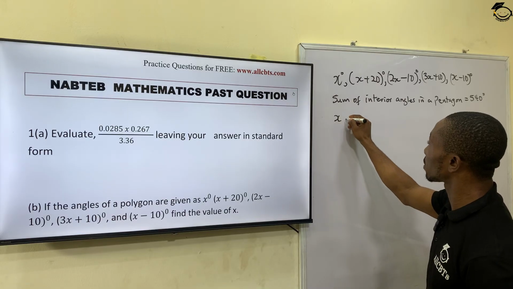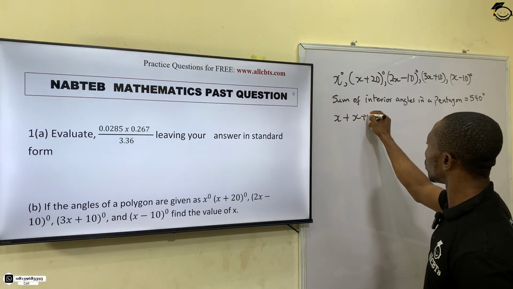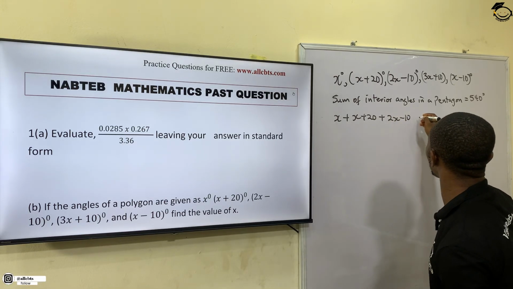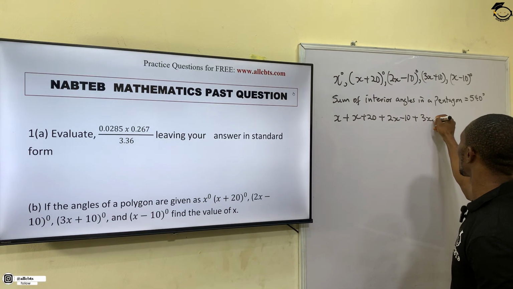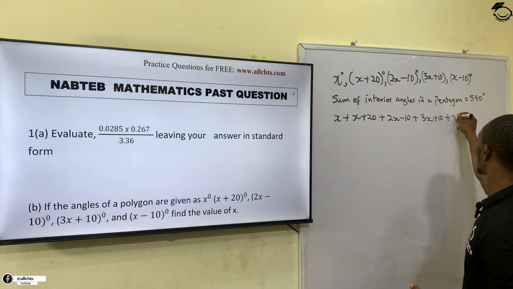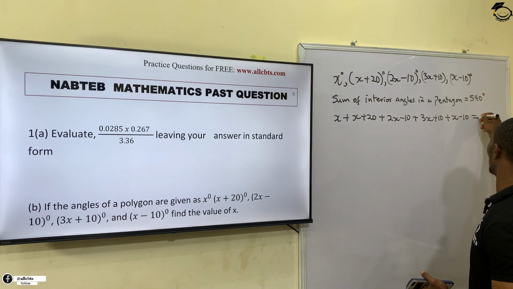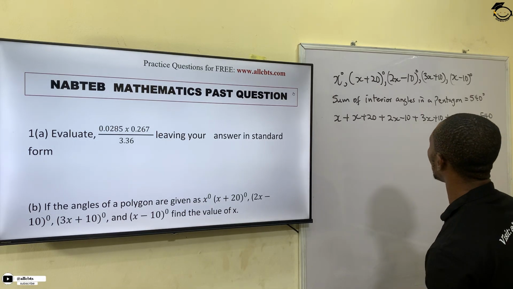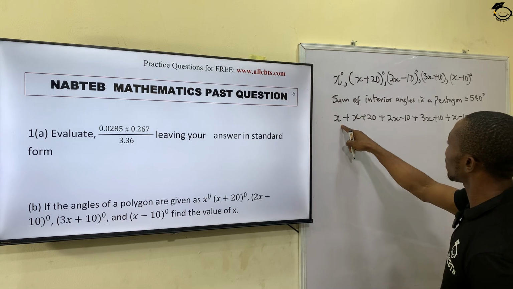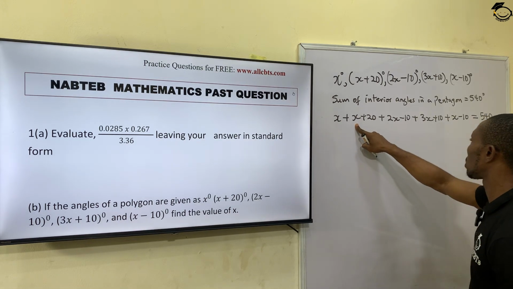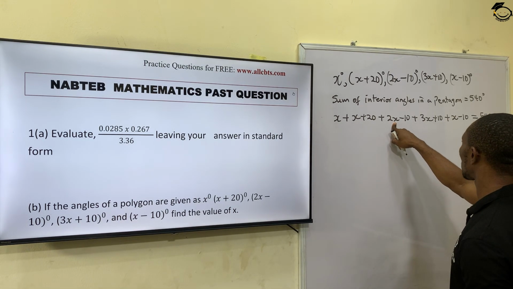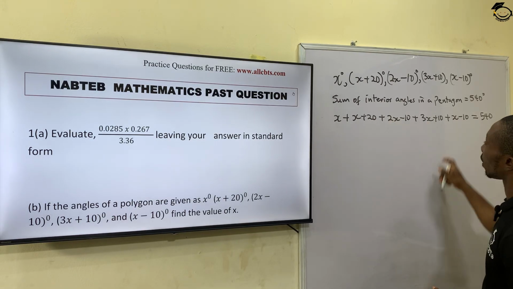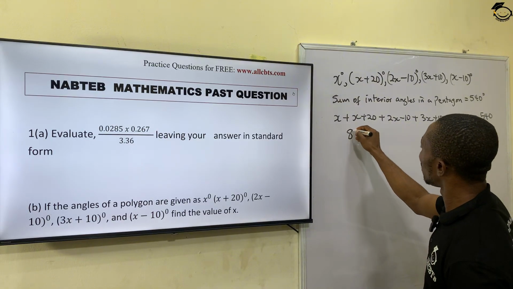We have x plus 20 plus 2x minus 10 plus 3x plus 10 plus x minus 10 equals 540 degrees. Now, collecting our like terms, we have x plus 2x is 3x, plus 3x, 6x, plus 1 more x, we have it as 8x.